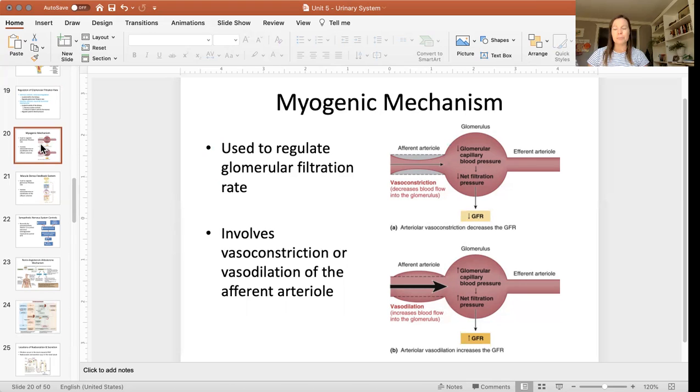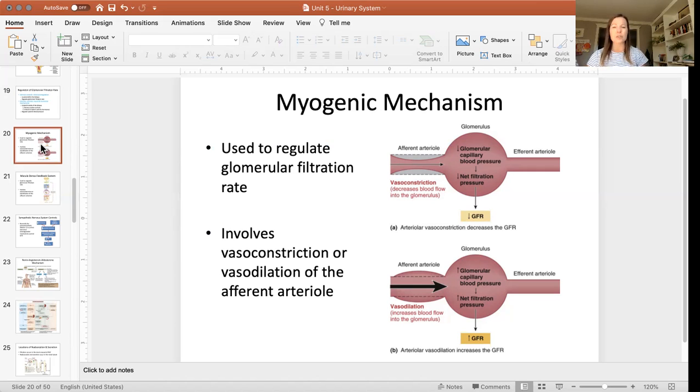So if blood pressure in the afferent arteriole increases, then that would lead to an increase in filtration rate. So make sure that you are aware of why that would happen. If there's increased blood pressure, there's more blood passing through the afferent arteriole at once.